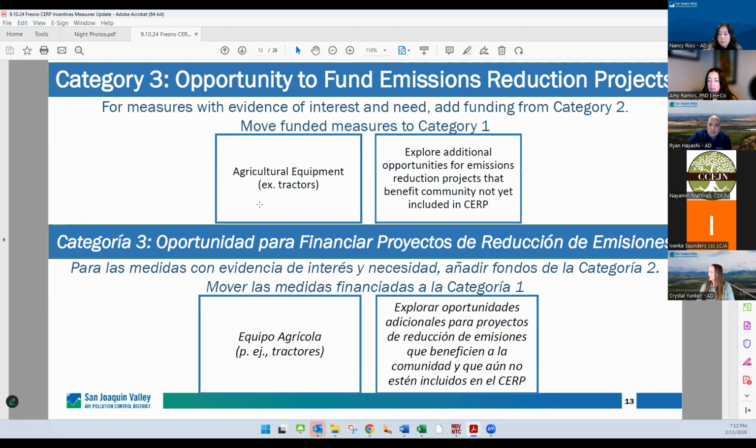And some of the equipment, especially around the Fresno area, there's a lot of smaller farmers with really older tractor equipment that, if we were to provide funding, we could see some of those being taken out of service and replaced with newer equipment that generates a lot less air pollution. And part of the reason why we meet with you to talk about this is seeking advice on things that we're not thinking of. So there's still an opportunity for that.